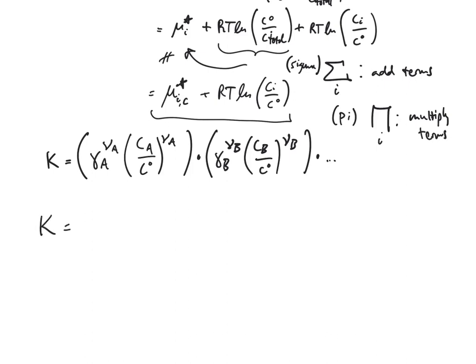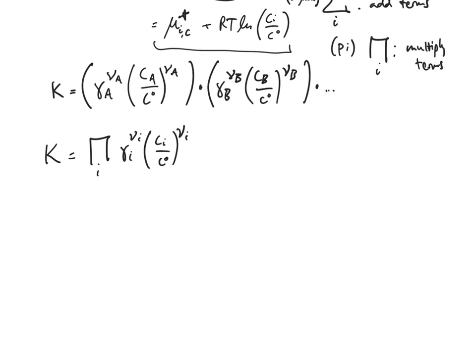So the shorter way of writing this is just capital pi of the activity coefficient of I times concentration over standard concentration, raised to the stoichiometric coefficient of I, like that. And that's our equilibrium constant for concentrations of solutions.